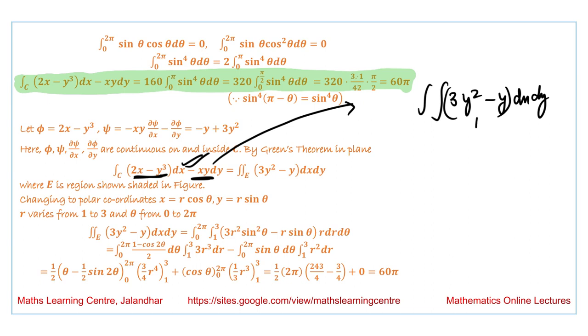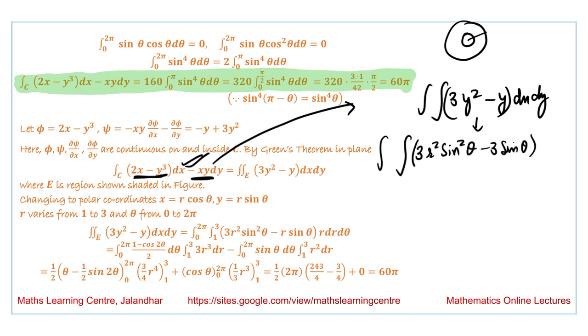Now changing to polar coordinates over the region bounded between the two circles, we substitute x is equal to r cos theta and y is equal to r sin theta, and we get 3 r squared sin squared theta minus r sin theta, into r dr d theta. The value of r varies from 1 to 3.